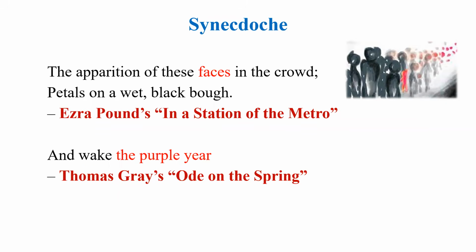Let me give you two examples. I need a good hand to write on the board. If I say I need two good hands to complete this work, or if I say head count, that is confusing in the sense that both are kind of synecdoche or kind of a metonymy. We are also confused. Hand, it's a part of the body.